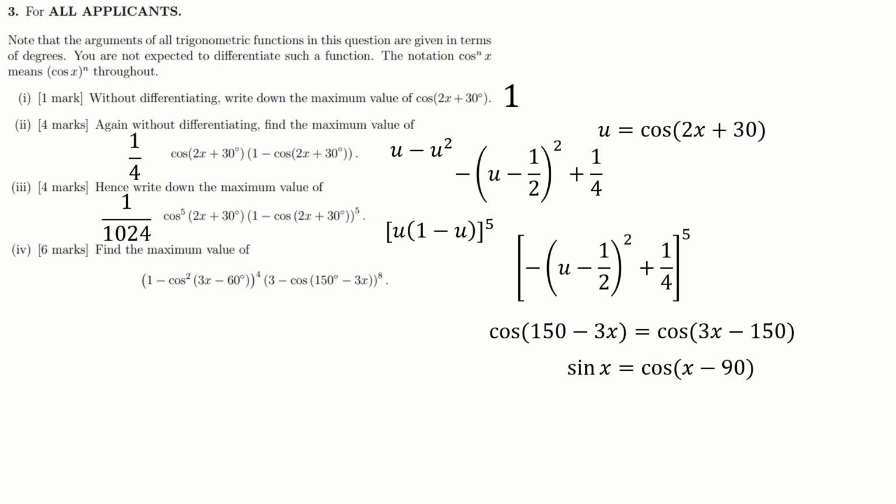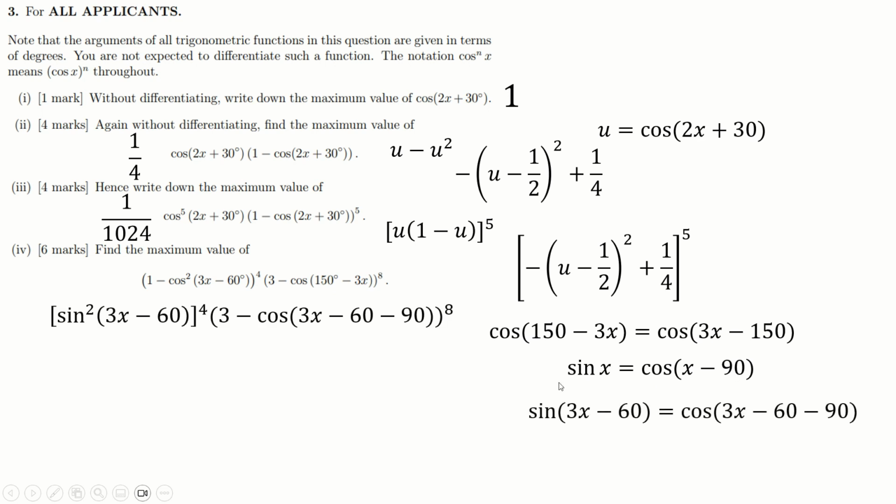So I think actually the way to do this is to swap these into sines, which is not obvious at all, but we can use a combination of 1 minus cos squared is sine squared to make this one into a sine. And we can make this one into a sine using this idea, because if we've got that this is actually 3x minus 150, we can write 3x minus 150 as 3x minus 60 minus 90, right?